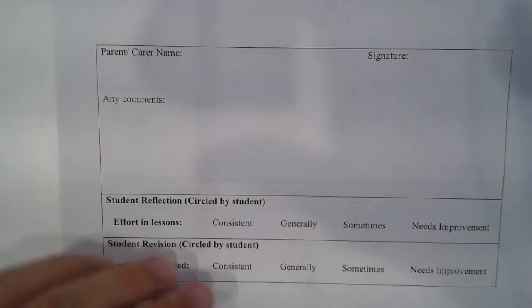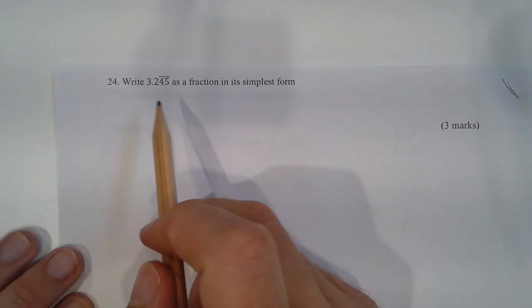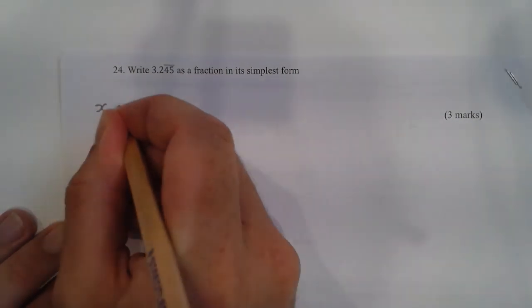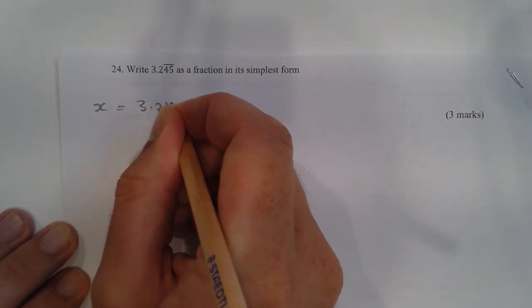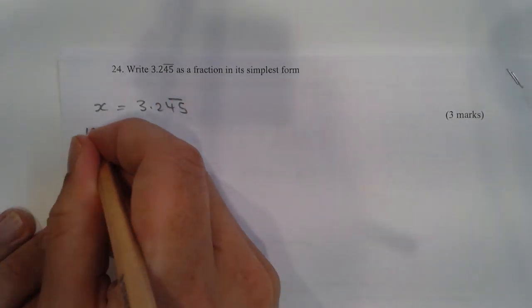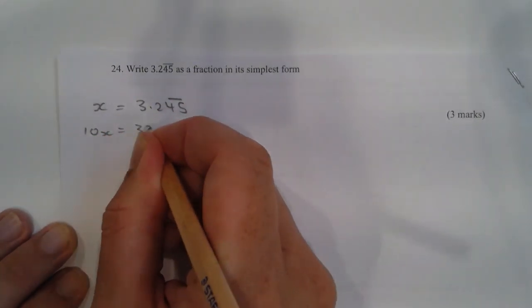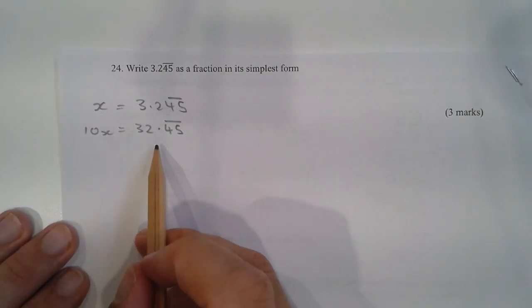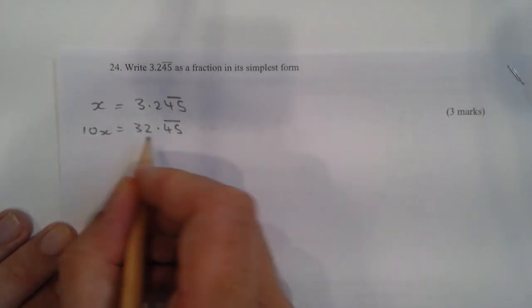Now our last question is, write 3.245 as a fraction in its simplest form. Right, so first thing I'm going to do is call that x equals 3.245. So 10x would be 32.45 recurring. Now I want to get another 45 recurring.